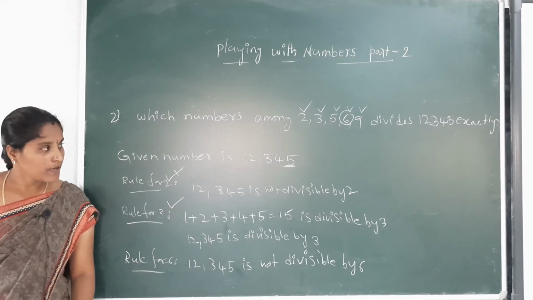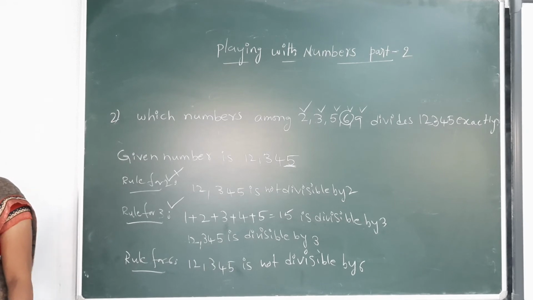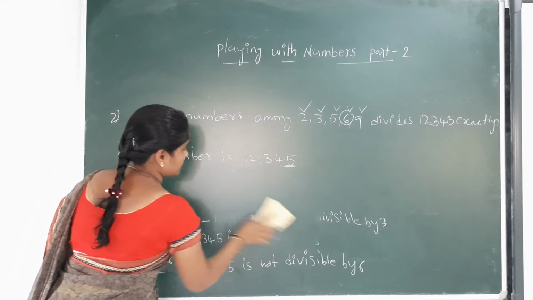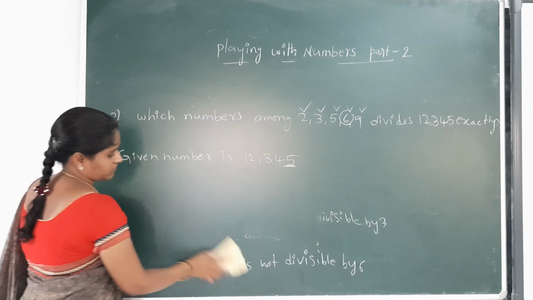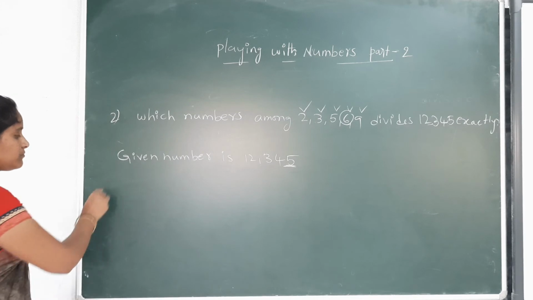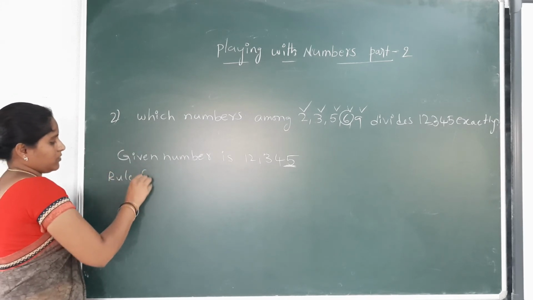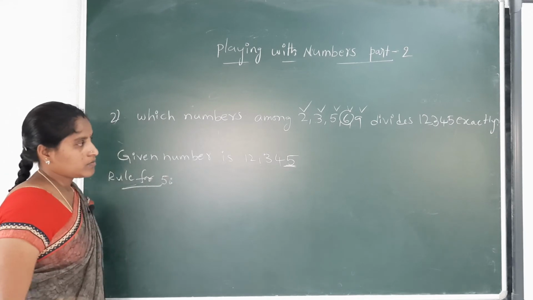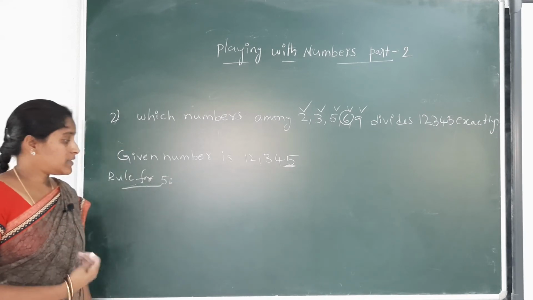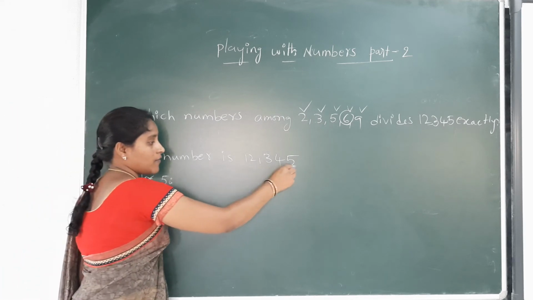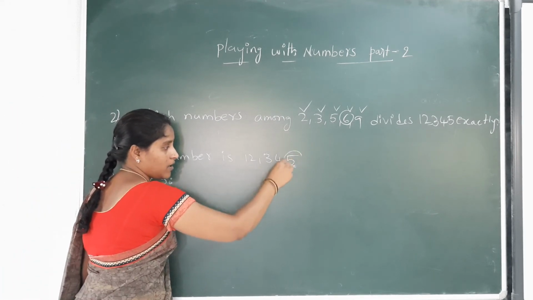Next, the rules for 5 and 9. Rule for 5: what is the rule for 5? If its units place is either 0 or 5, the number is exactly divisible by 5. What is the units place digit here? 5.